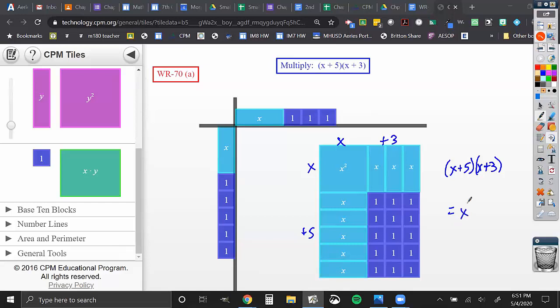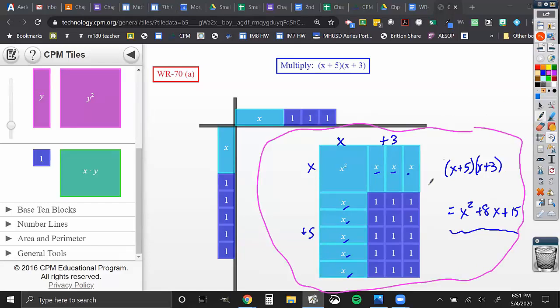I see an x squared plus 8 x's plus 15. This is my answer right here. I want the whole thing though. When you draw your answer, I want all of this in your answer.